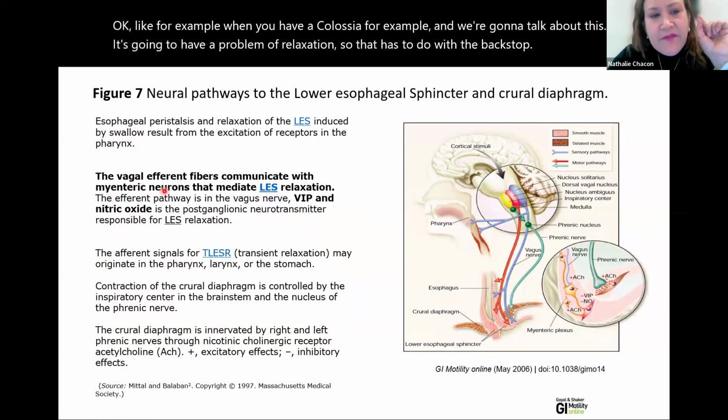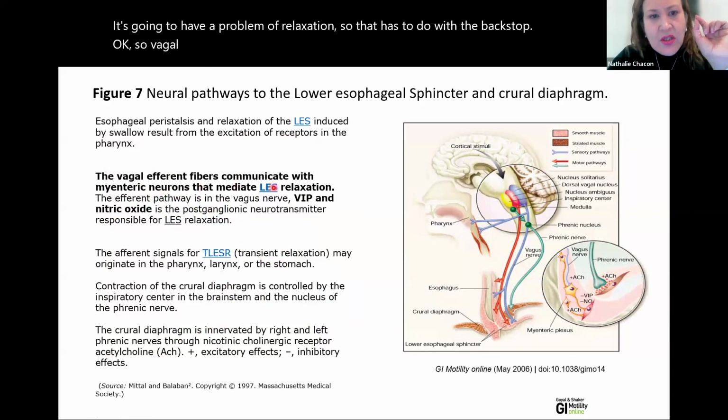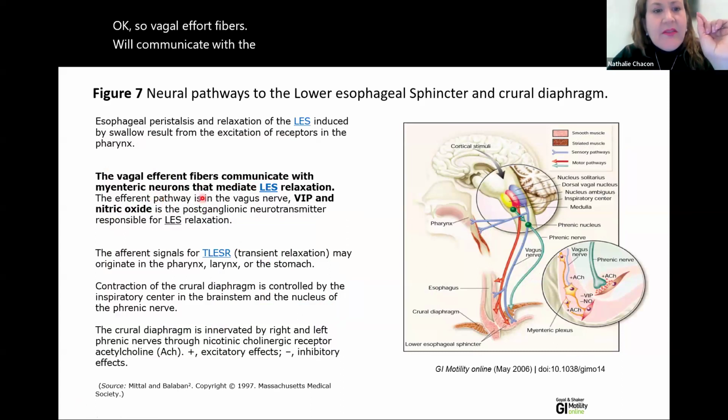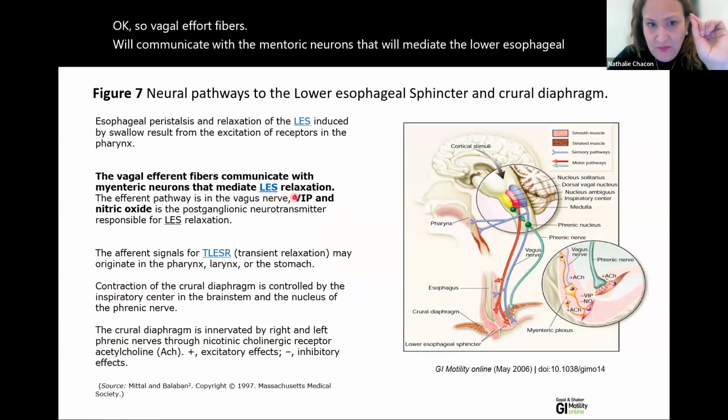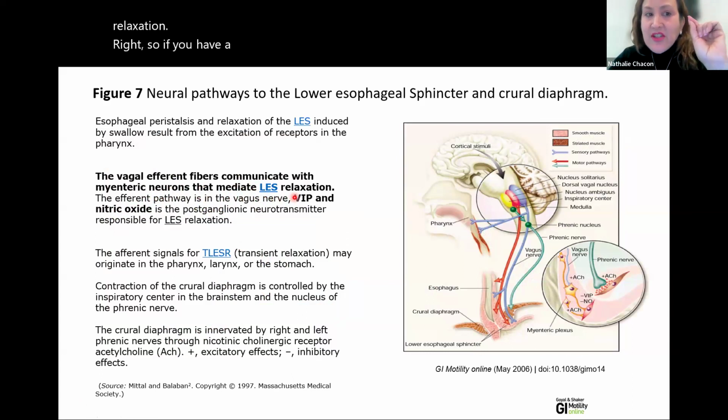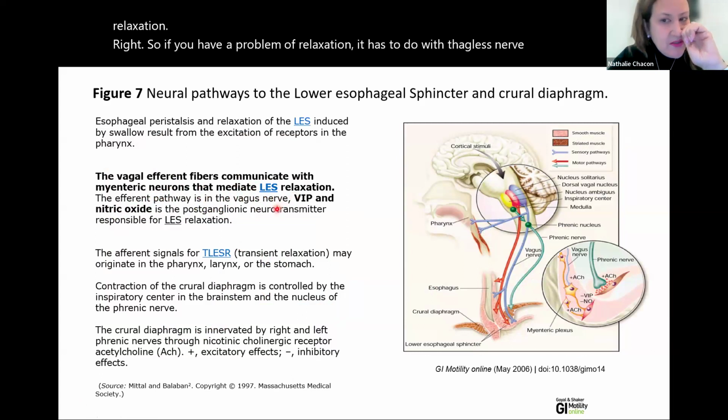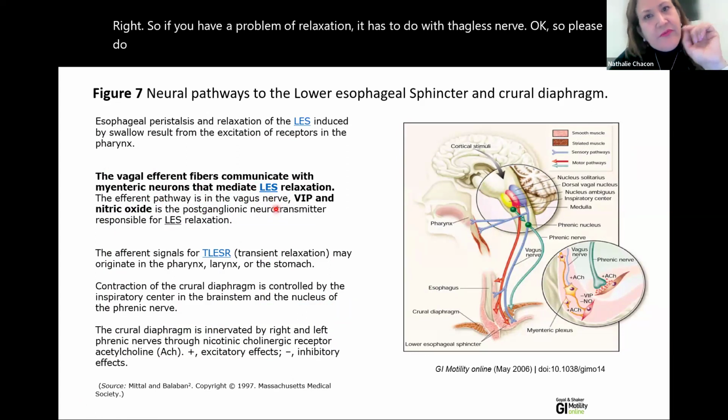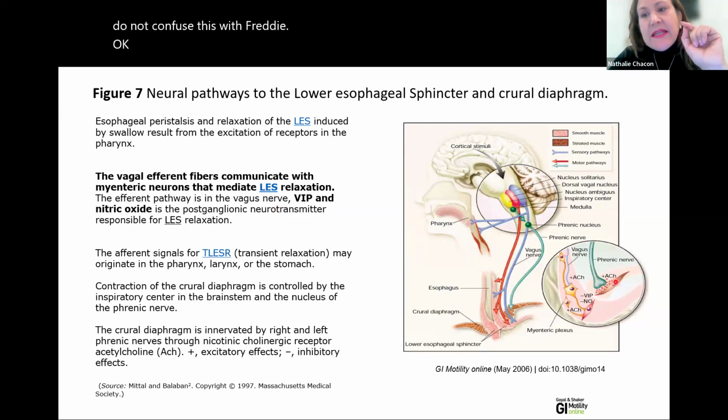So vagal efferent fibers will communicate with the myenteric neurons that will mediate the lower esophageal sphincter relaxation, right? So if you have a problem of relaxation, it has to do with the vagus nerve, okay? So please do not confuse this with phrenic. It's not the phrenic nerve. It is the vagus nerve.